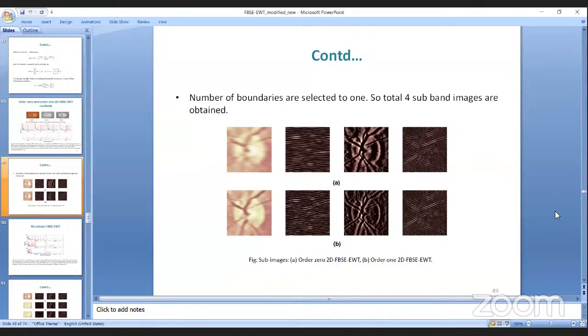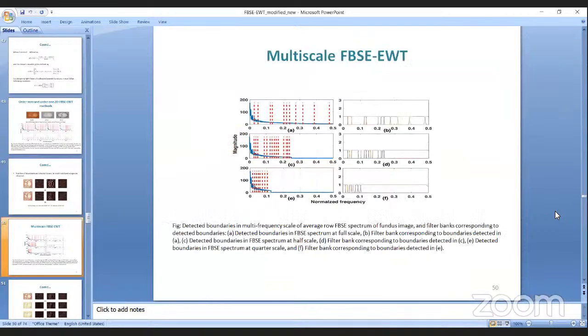Once you obtain these subband images, we have also studied the effect of scales. When you have a spectrum, you can consider the entire spectrum, or you can consider half the spectrum, or the quarter, the half of the half spectrum.